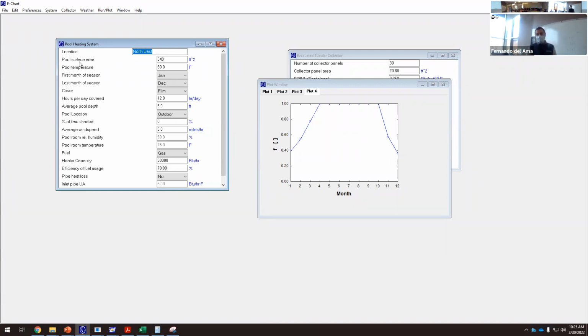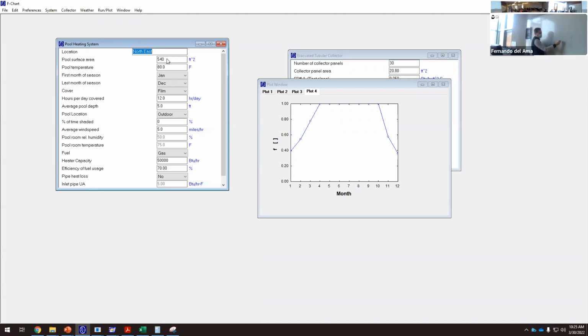We have the pool surface area, and that's interesting because if we have a pool, there's a swimming pool, and this swimming pool is filled with water. Okay. What's the temperature of the swimming pool?